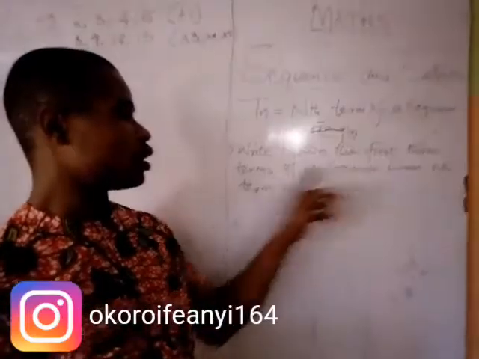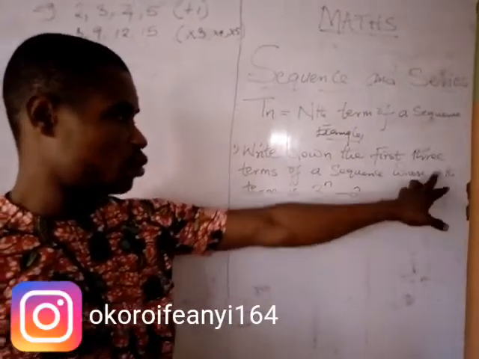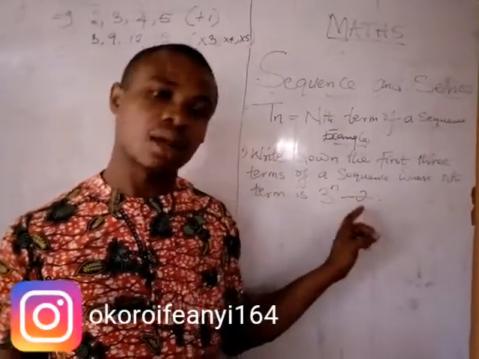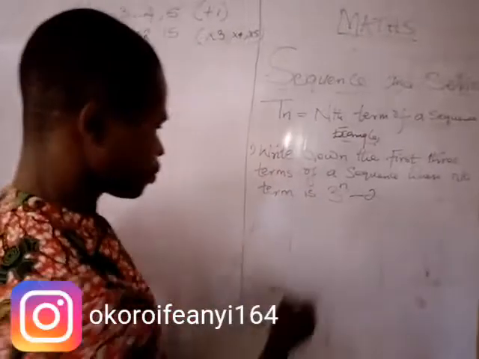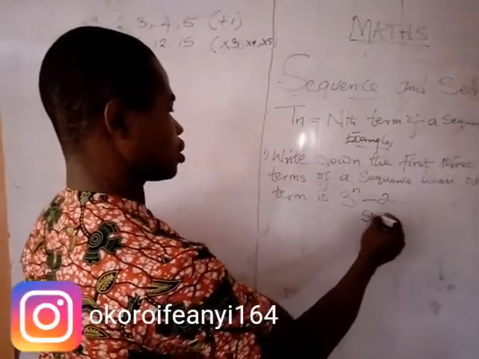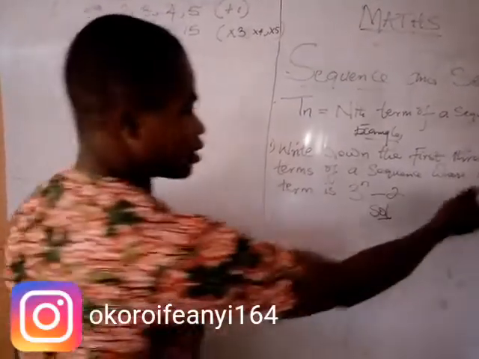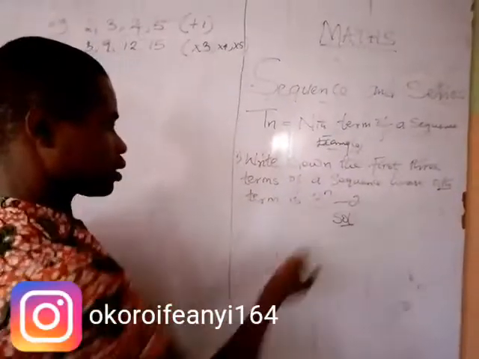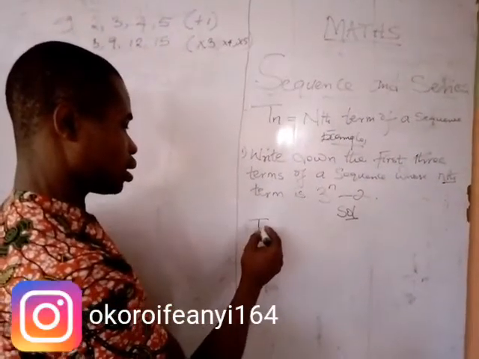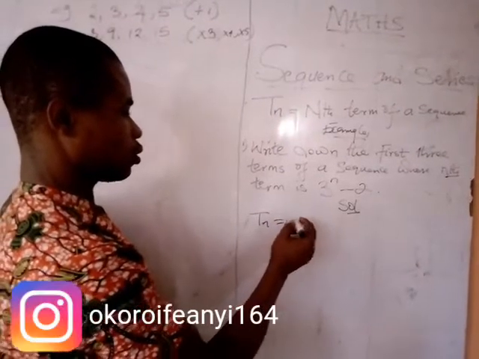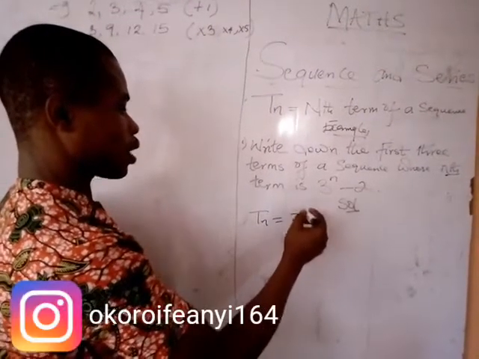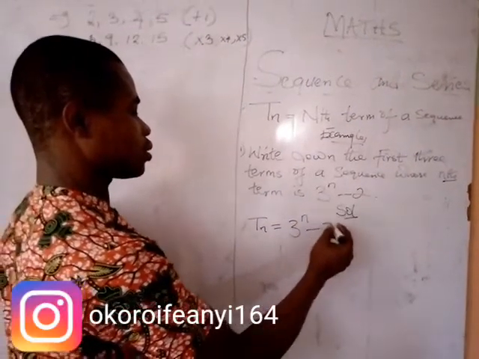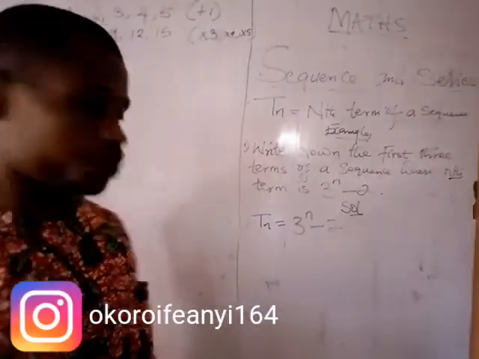Write down the first 3 terms of a sequence whose nth term is 3 raised to power n minus 2. Under solution, what is the nth term of the sequence given to us? The nth term is Tn equal to 3 raised to power n minus 2.